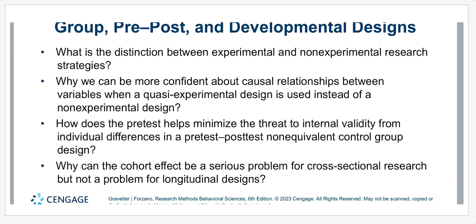And then how does the pretest help minimize the threat to internal validity from individual differences in a pretest, post-test, non-equivalent control group design? Again, remember, the pretest is introduced so that you can compare the groups ahead of time to see if there are already individual differences that exist before the treatment, or before your quasi-independent variable is introduced.